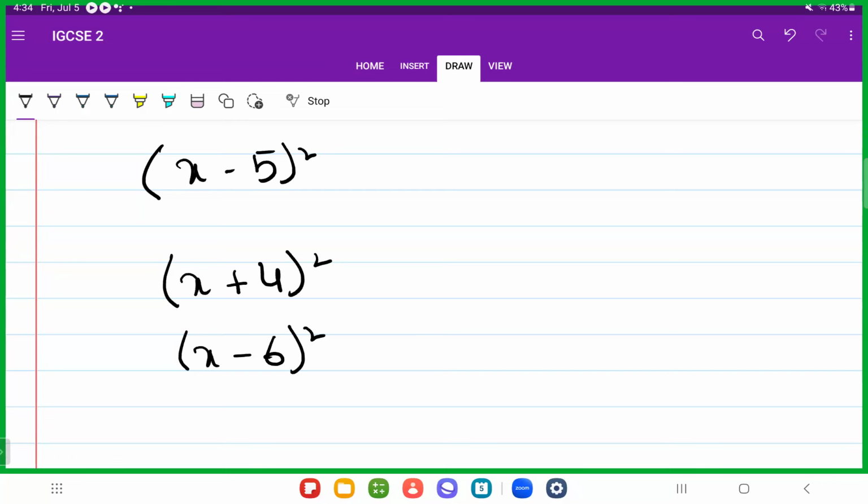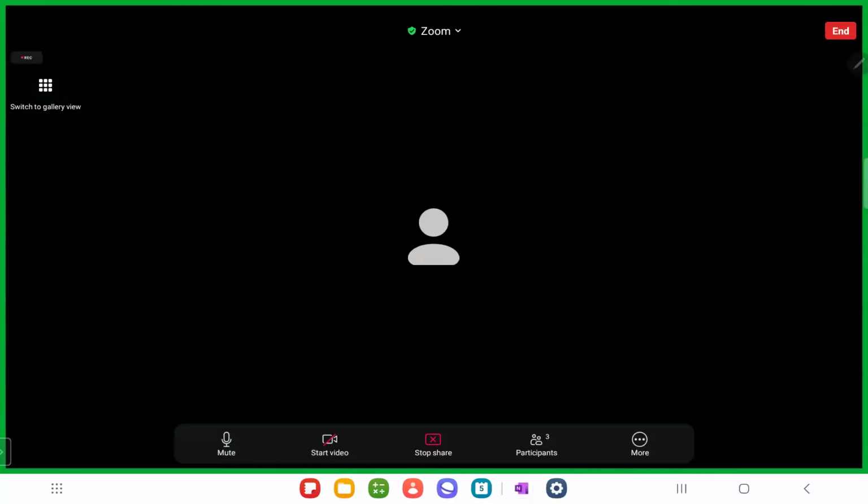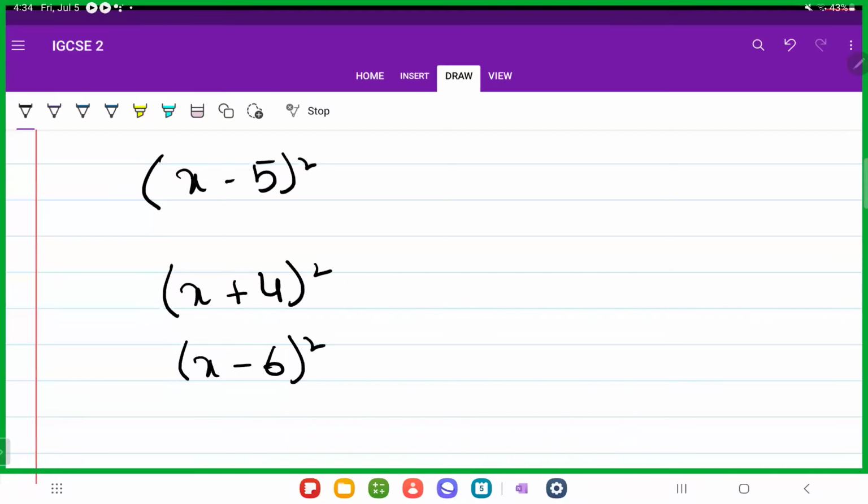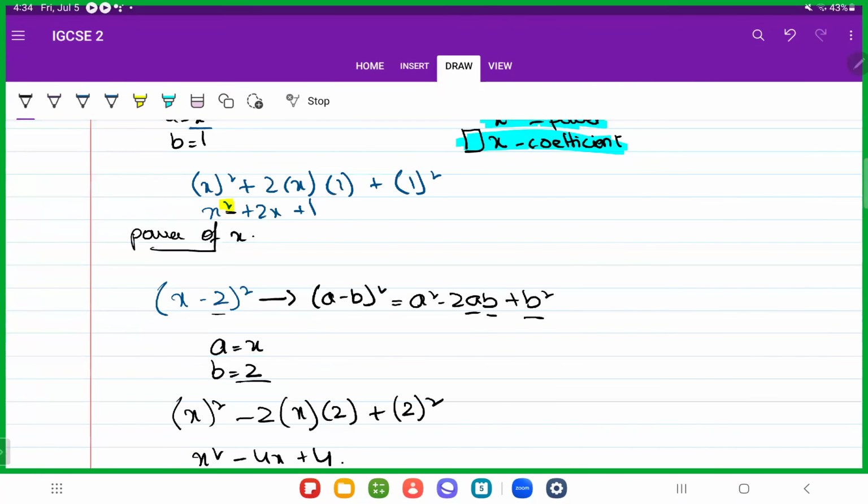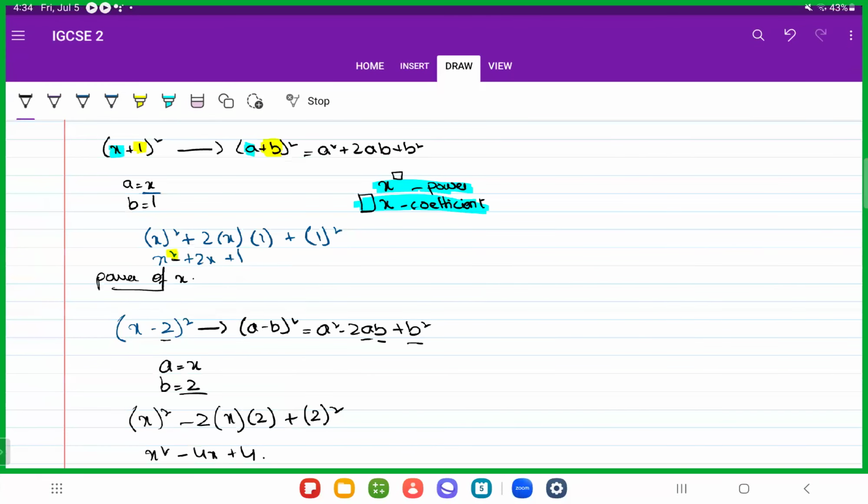Miss, can you go to the previous example? Yes, sure. These are the examples. I want you to try it and then we'll do it together, so don't worry.